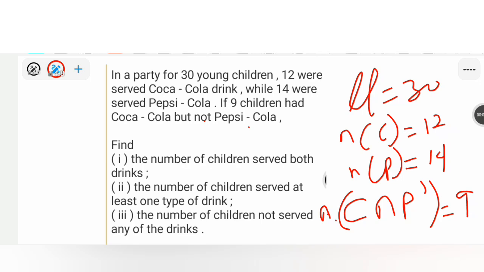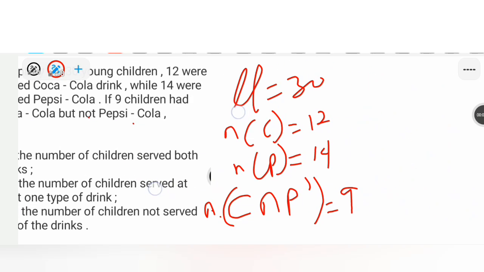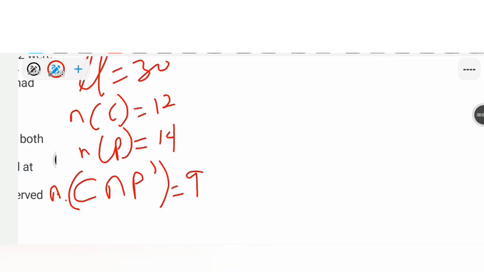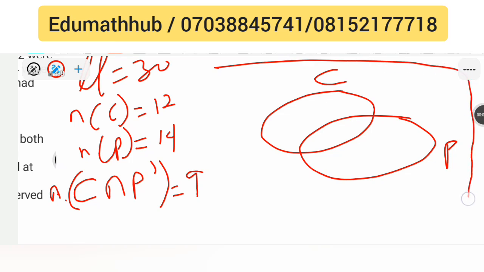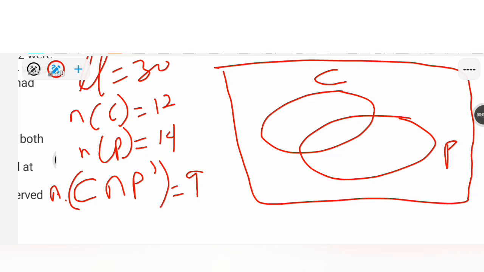Then find the number of children that were served both drinks. So you can put this in a Venn diagram real quick. You have this circle here, this circle here. This one is C, this one is P, that's for Pepsi. Everything in this rectangle is 30. C intersection P prime is here. From what you did from 2 sets, this place will be 9 because P is not involved at all. Then n(C), everything here, is 12.